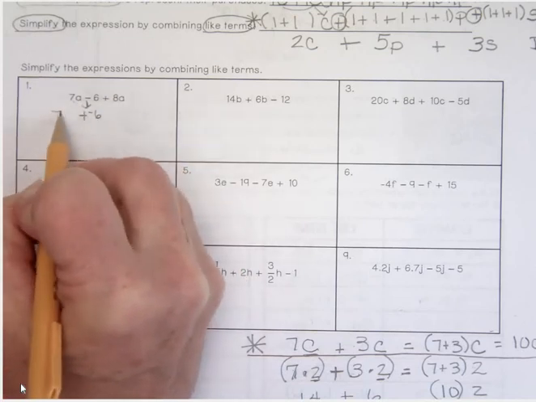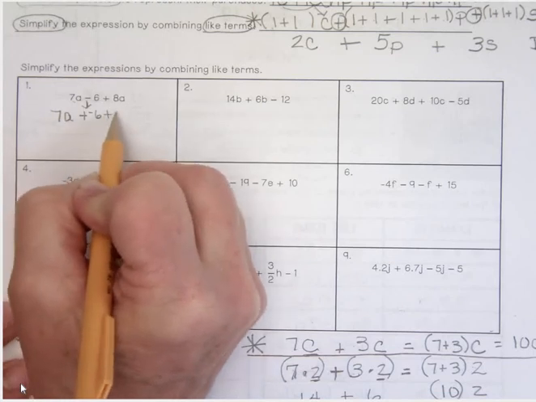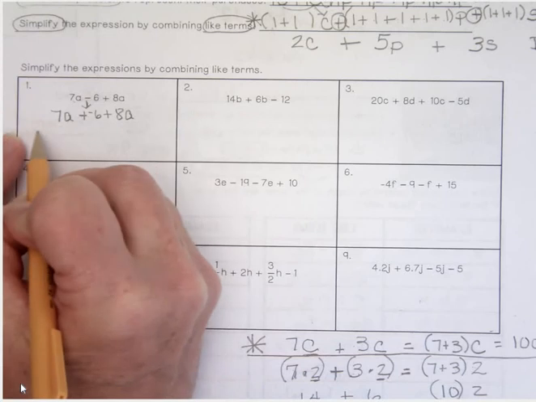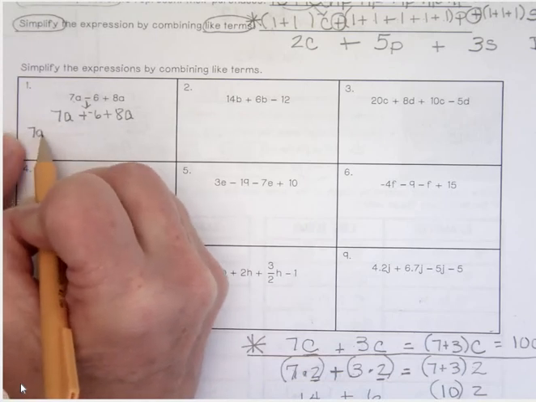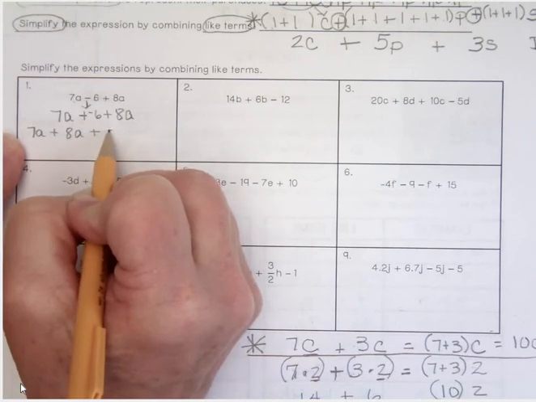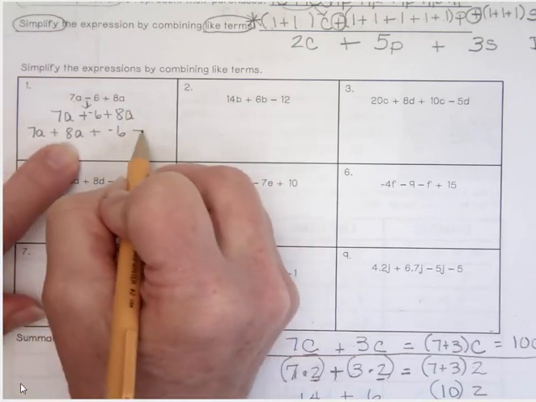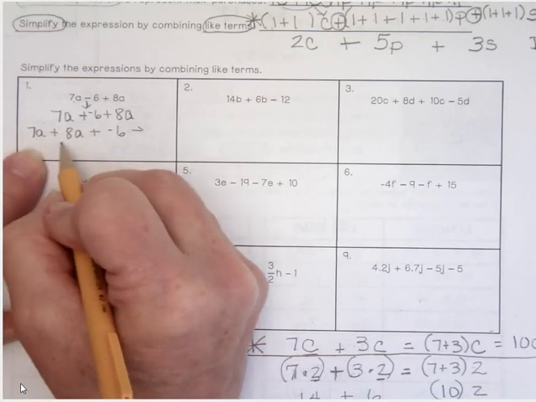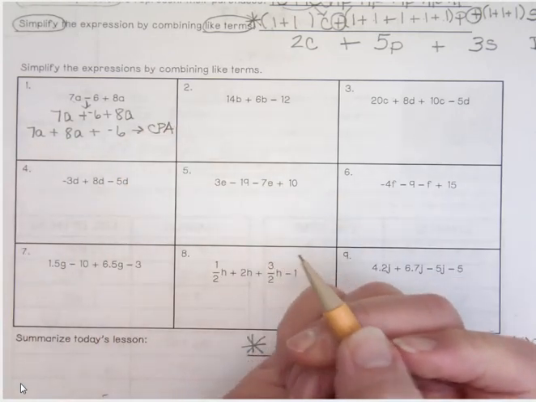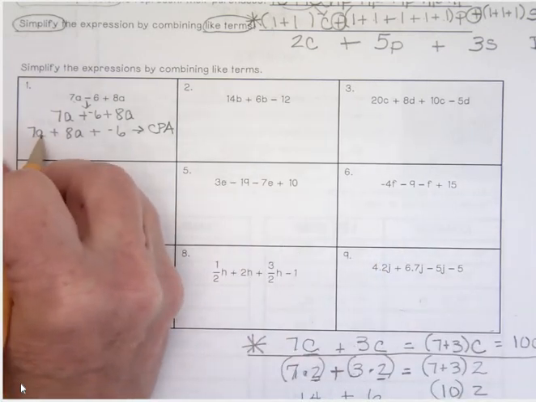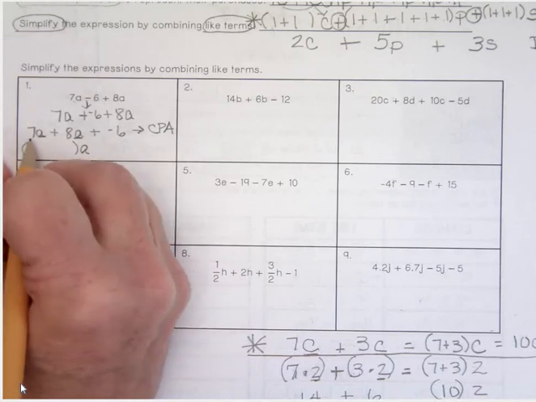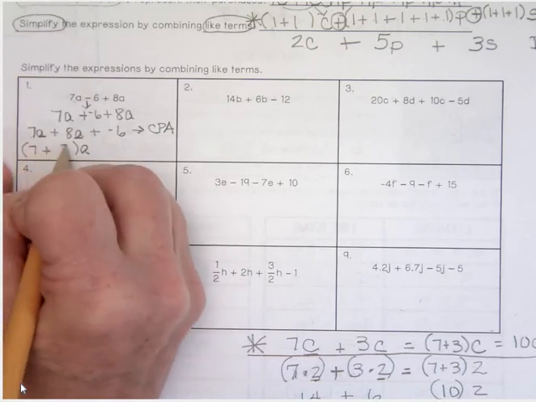I'm going to carry down my first term, carry down my third term, and now I'm going to order so that my like terms are side by side so I can simplify left to right. I now see that I have the common factor A. I'm going to factor that. And now I'm going to sum the coefficients.